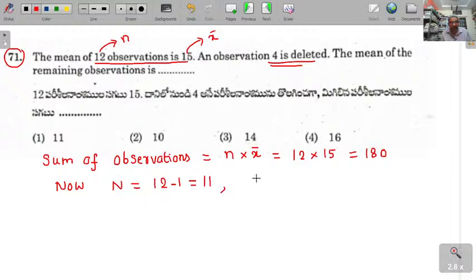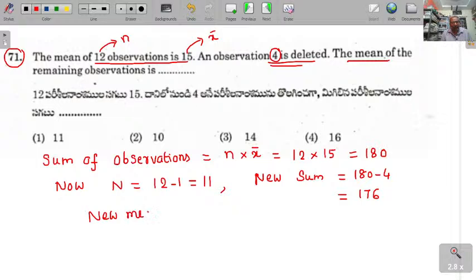So now the new sum you will be getting: this 4 has to be deleted from 180. That means 180 minus 4, so you will be getting 176. Now the new mean we need to find out, that means the mean of the remaining observations.